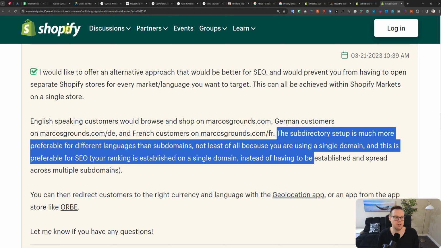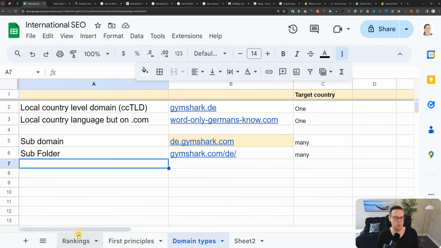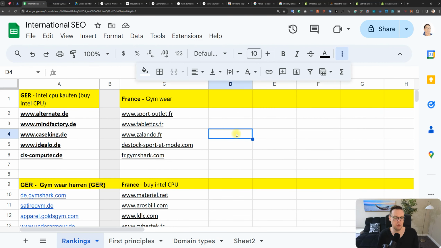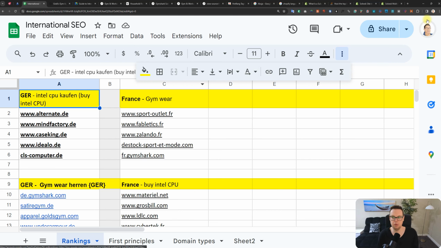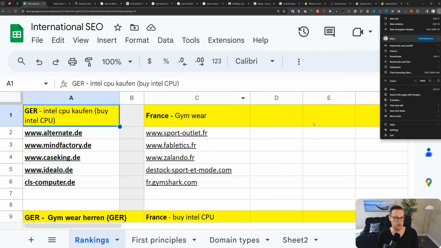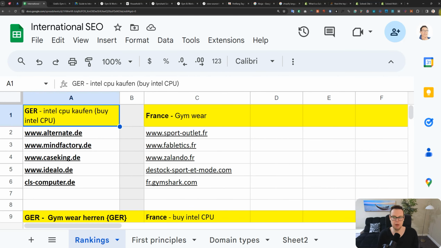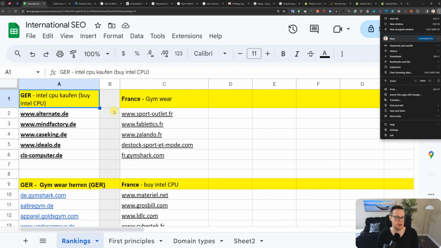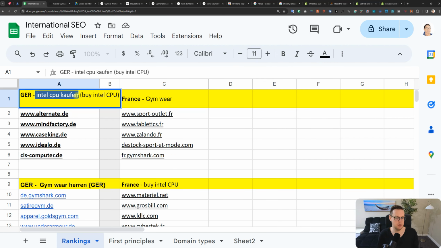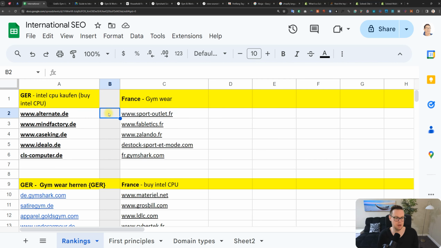But on the other hand, let's look at what people are actually doing in the search results. So whenever we want to rank, it's important to check what actually ranks in the search results that we want to go into. So here we've got an example from Germany where we've got German CPU rankings, and we can see that we've typed in "Intel CPU kaufen", which means to buy an Intel CPU, and of course very competitive.